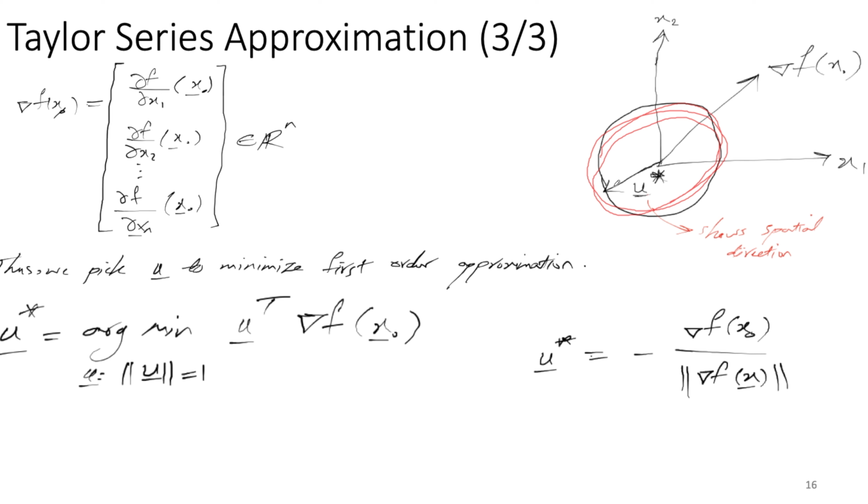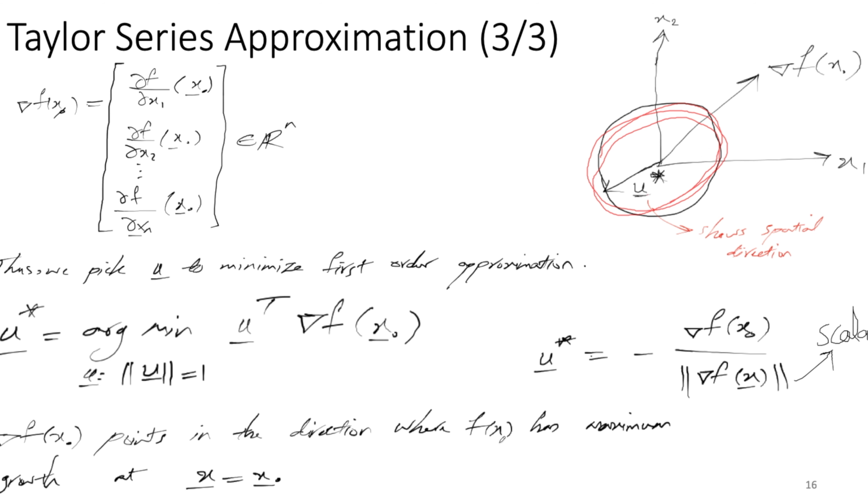So that's why you have a different sign. You have the direction going down here, and your f was going up. And finally, the gradient of f(x) points in the direction where f(x) has maximum growth at x equal to x0.